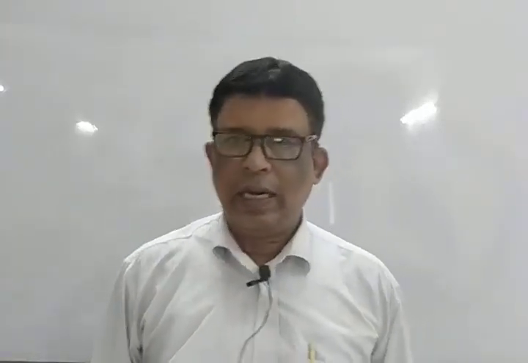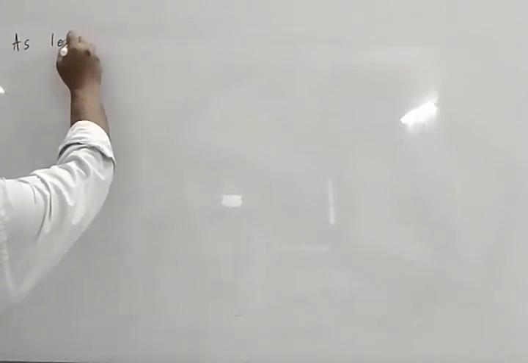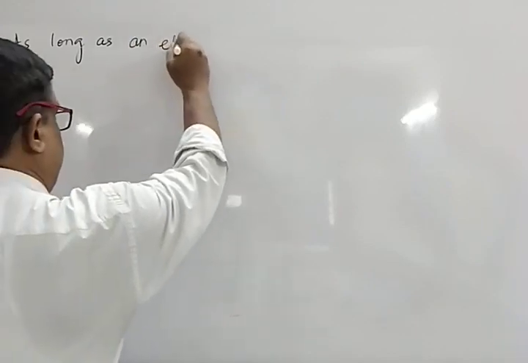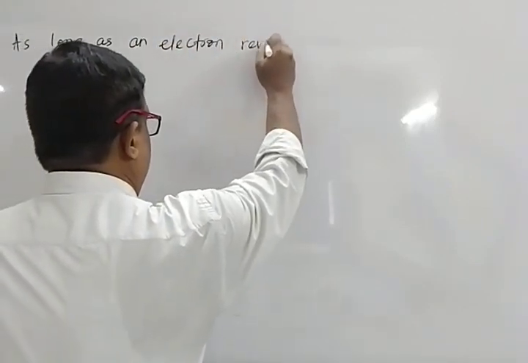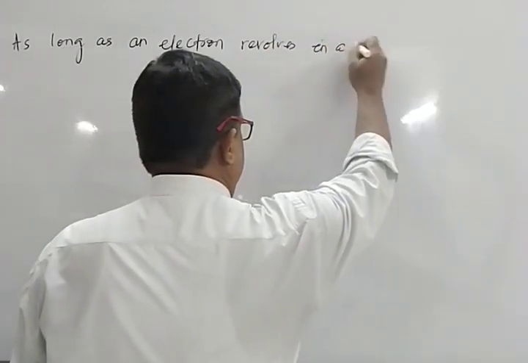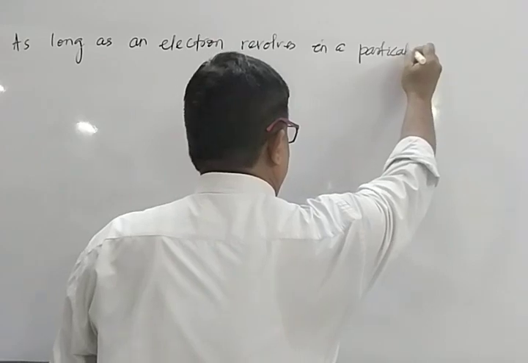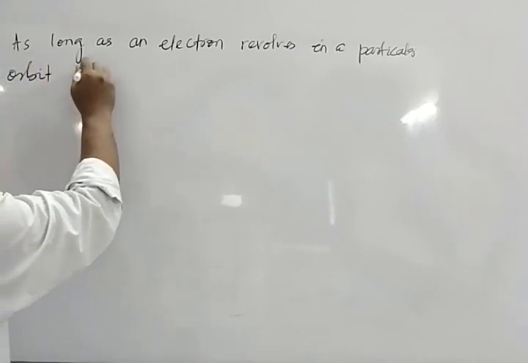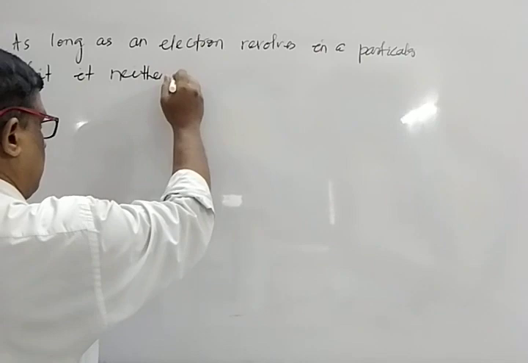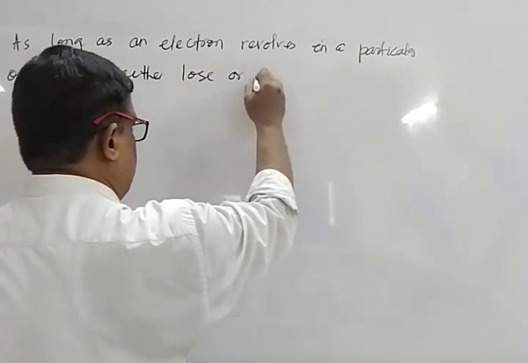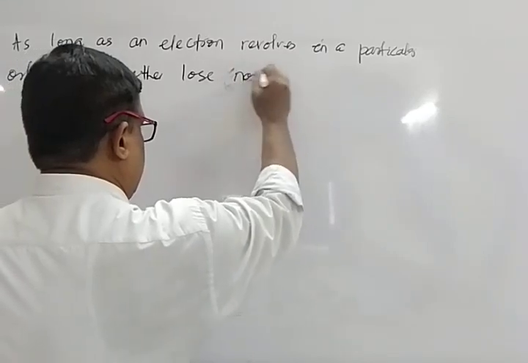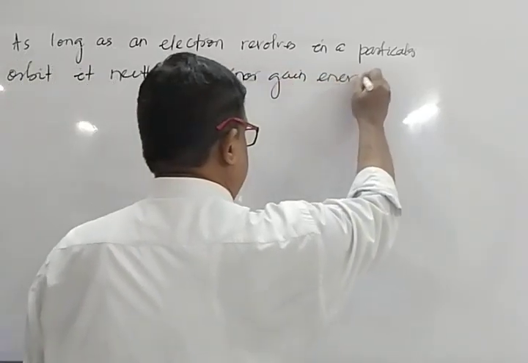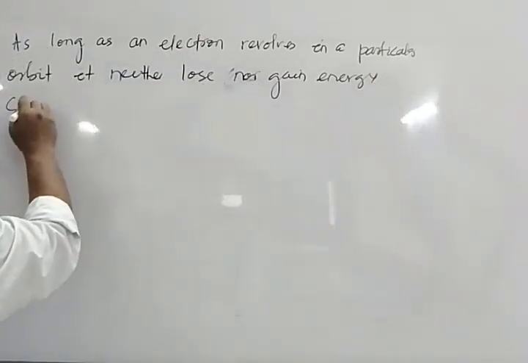Move to the next point. As long as an electron revolves in a particular orbit, it neither loses nor gains energy continuously.